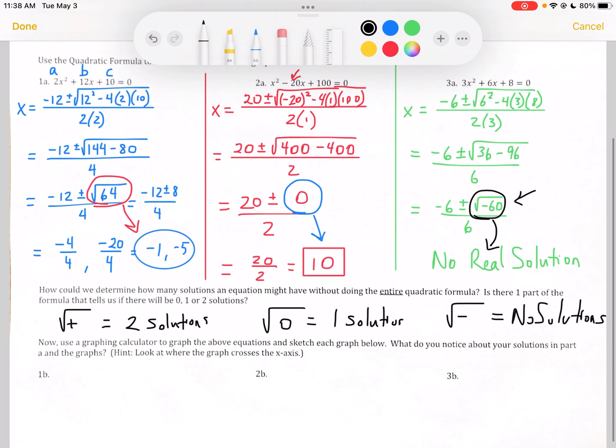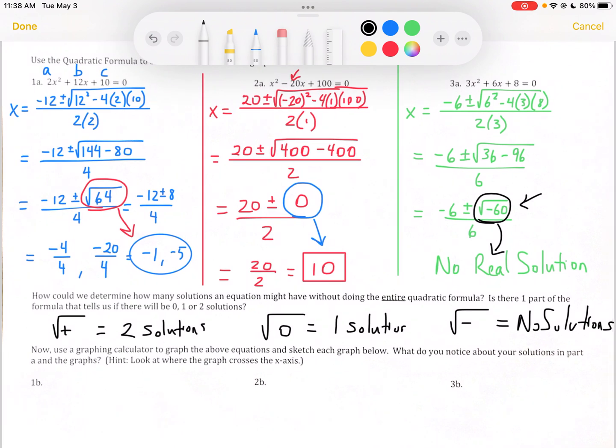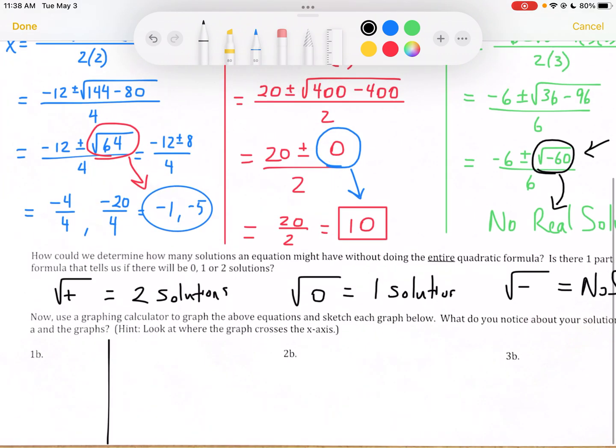Okay, so if you look at these equations and graph them, like in Desmos, if you were to say y equals 2x squared plus 12x plus 10, that's going to look like this. And your answers were negative 1 and negative 5, and you see that right there.